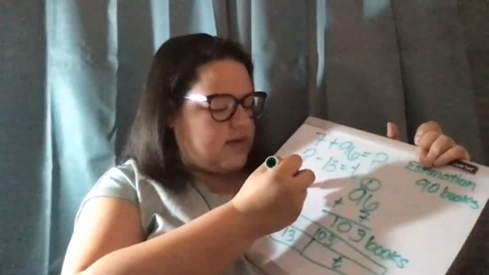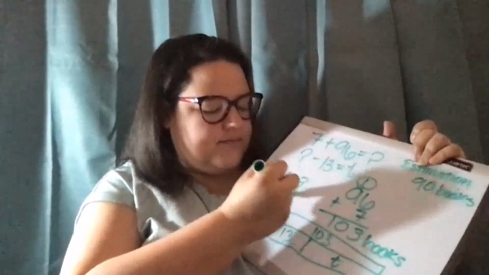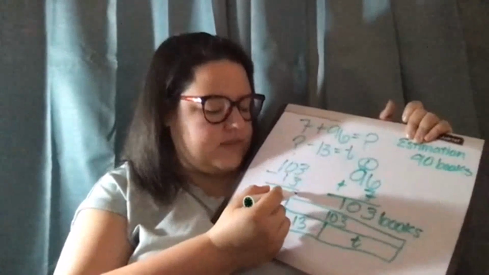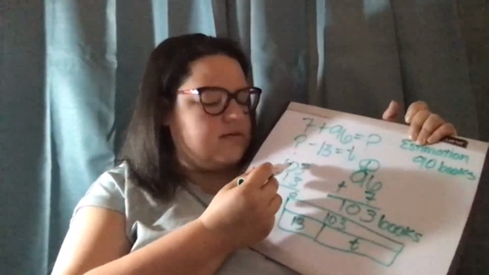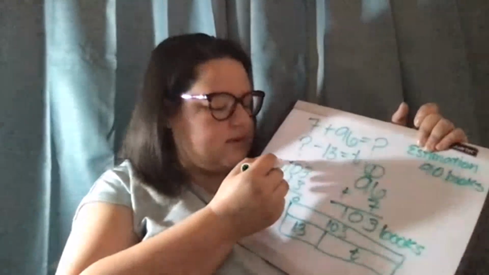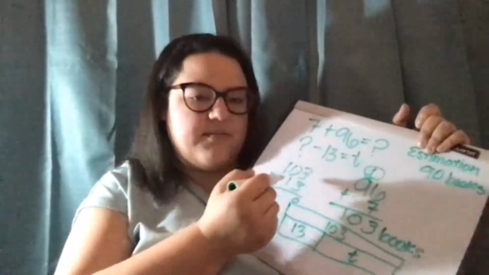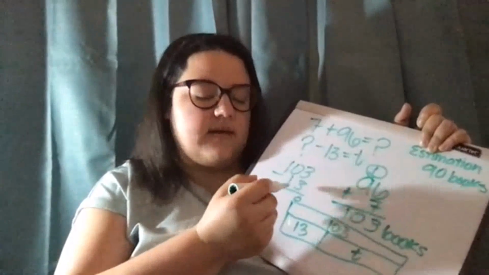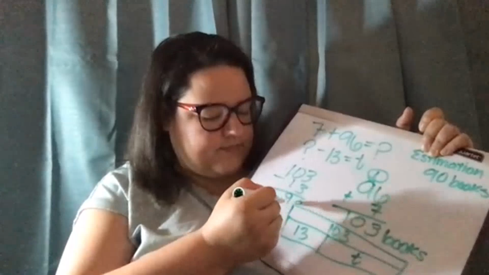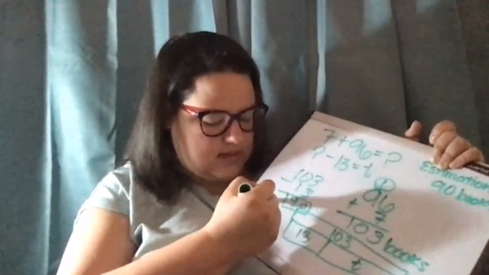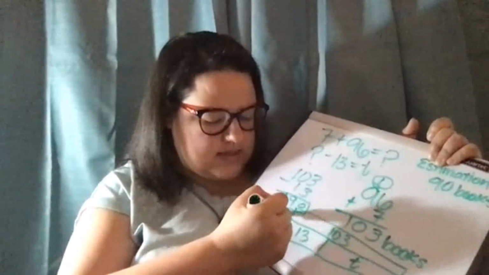So 103 minus 13. 3 minus 3 is 0. 0 minus 1, can you do that? No, so we're going to have to borrow. So that makes that 0 a 10. 10 minus 1 is 9. So t equals 90.